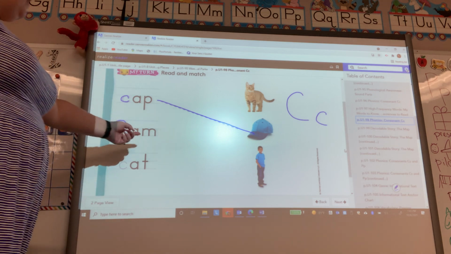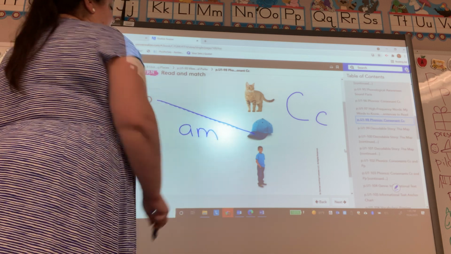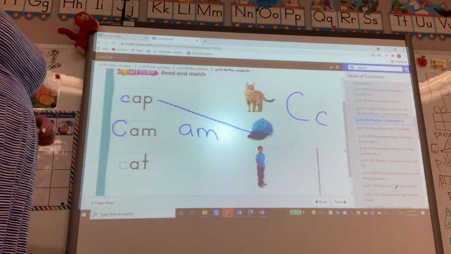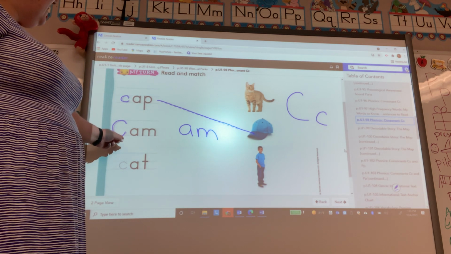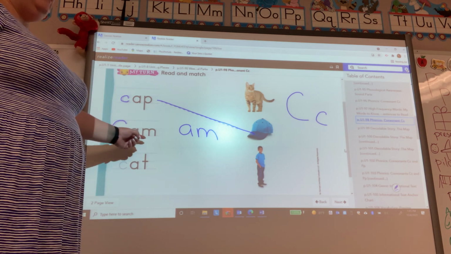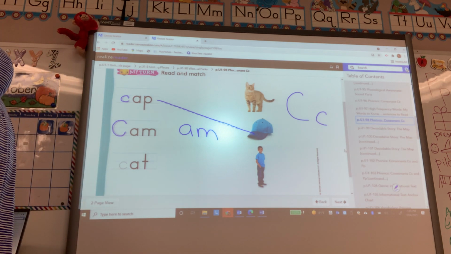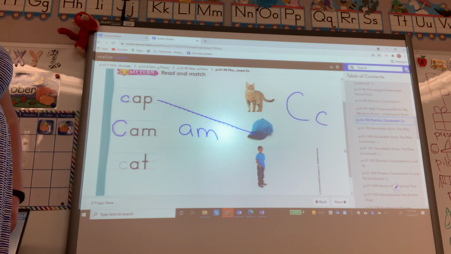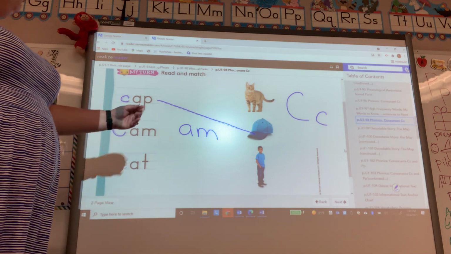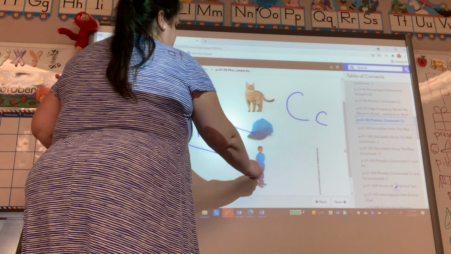And we know that this word right here is a sight word. A-M is am. And when we add the C in front of it, we have cam. K-am, cam. So which one do you think is cam? If I told you that it's the person's name, we're going to draw a line from the word cam to the boy Cam. That must be his name.